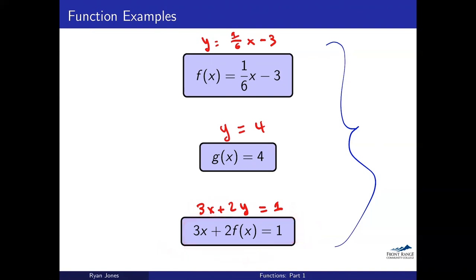And here's a point that I want to bring up before we move any further. You have to be very careful with this function notation. A lot of people on their first passes at functions, they think that these two things are being multiplied. And that's a very natural thing to think about, because if you think about it right here, I'm writing out f, and then I'm putting parentheses x.